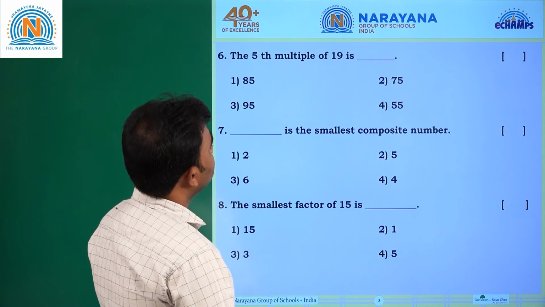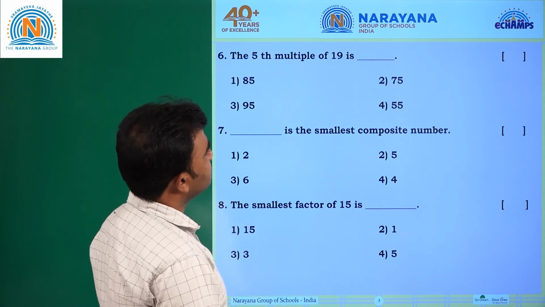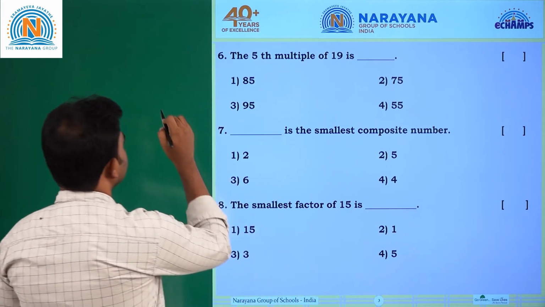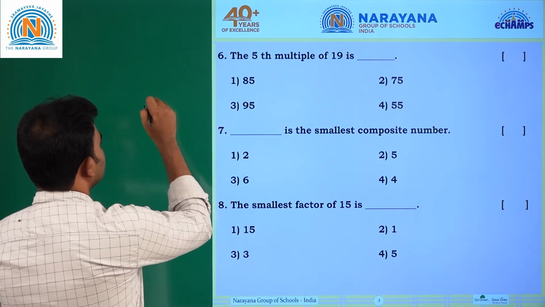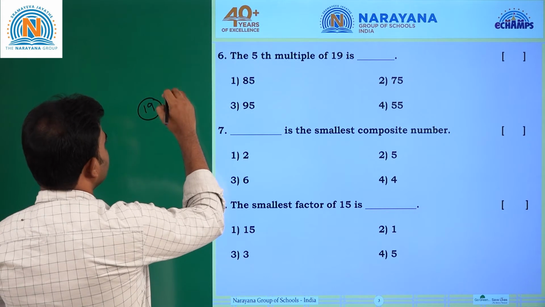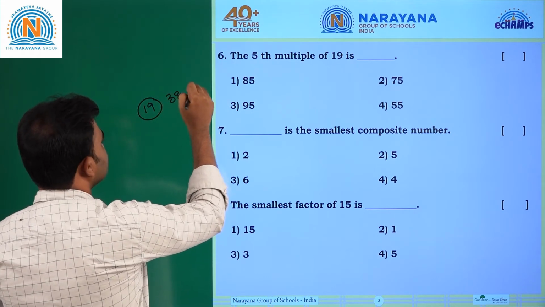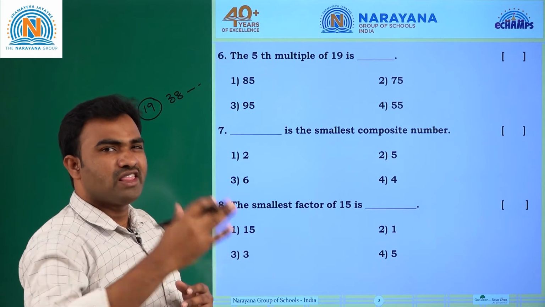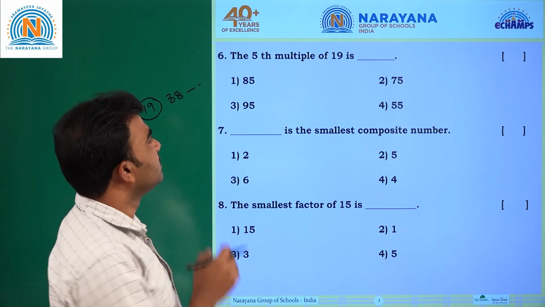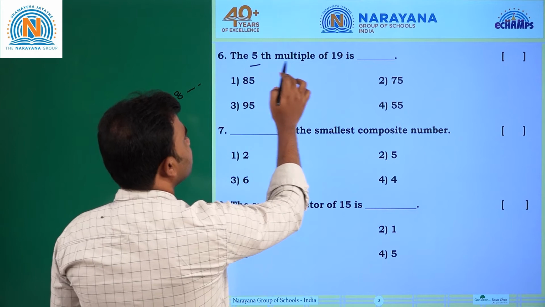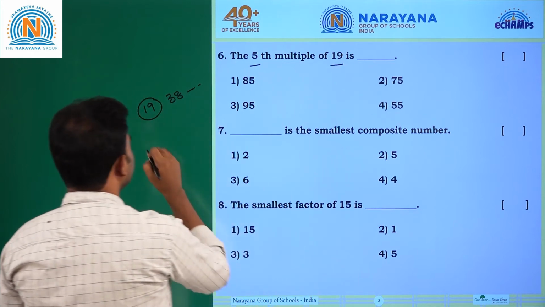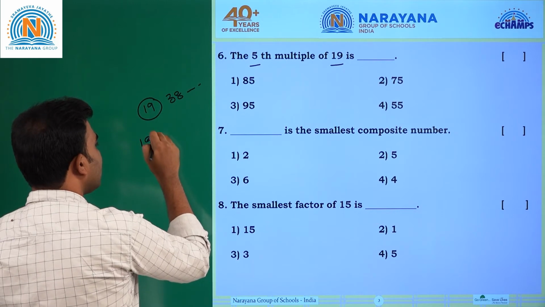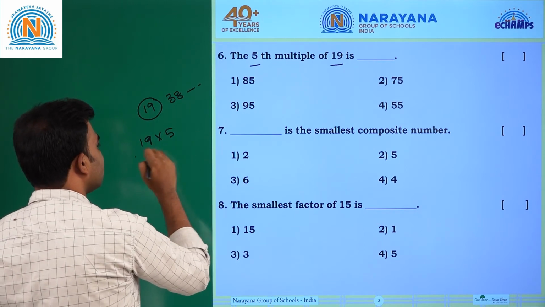The fifth multiple of 19 is dash. What are the multiples of 19? 19, next 38 and so on you'll get. Instead of finding all the multiples of 19, you just multiply 5 with 19, as they are asking us to find the fifth multiple. 19 into 5 is enough.